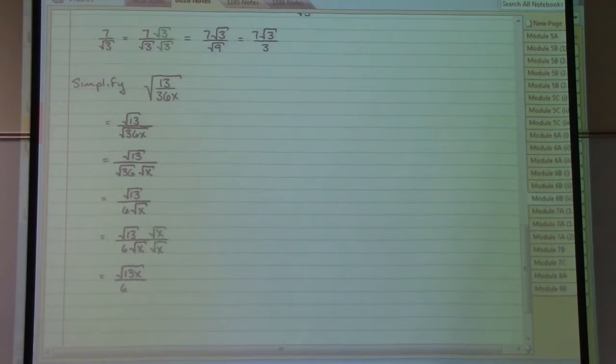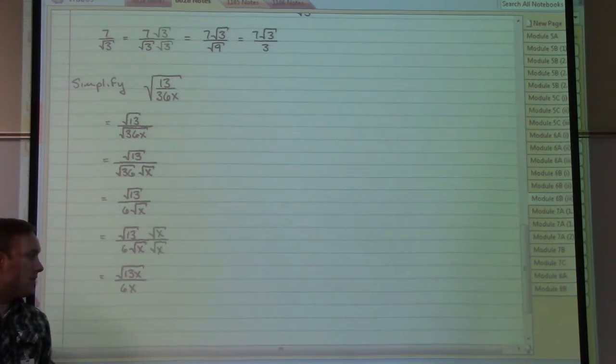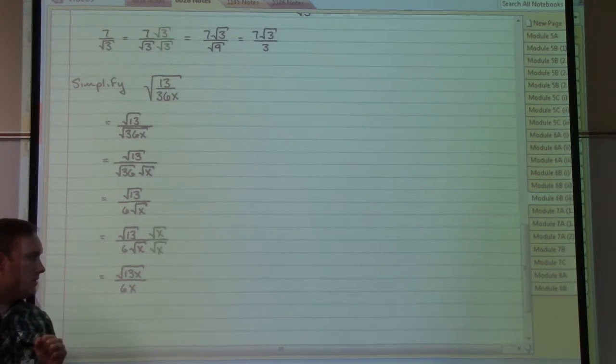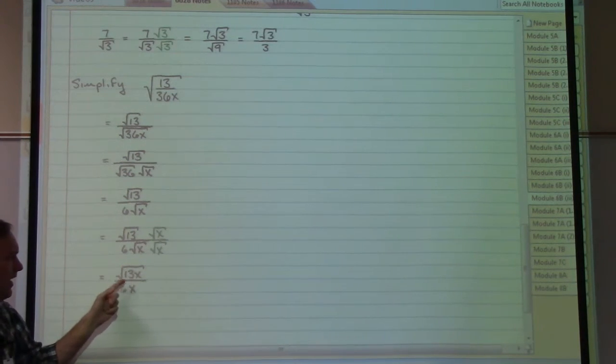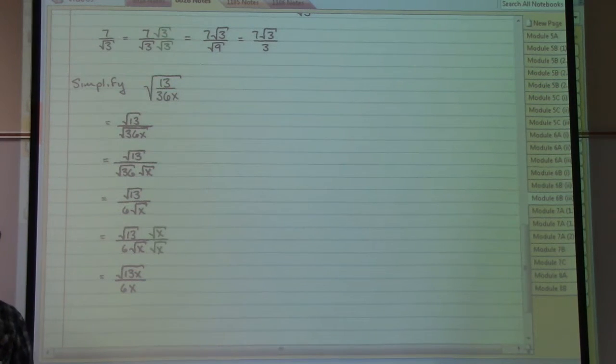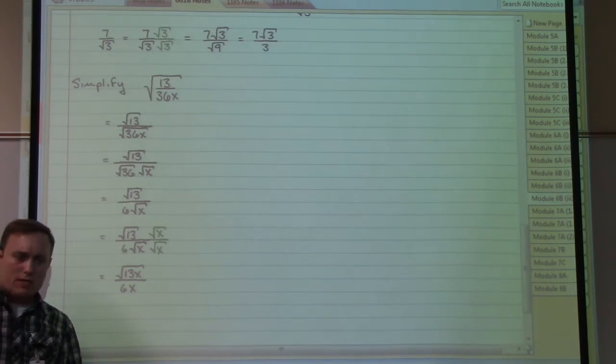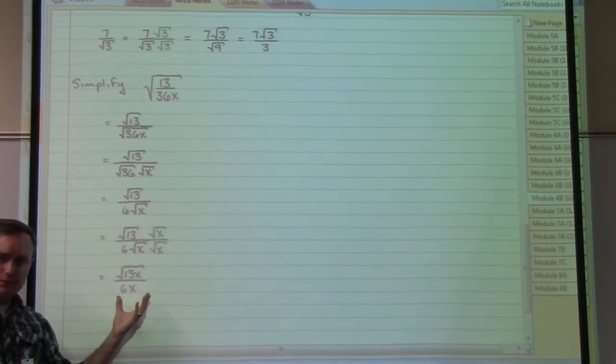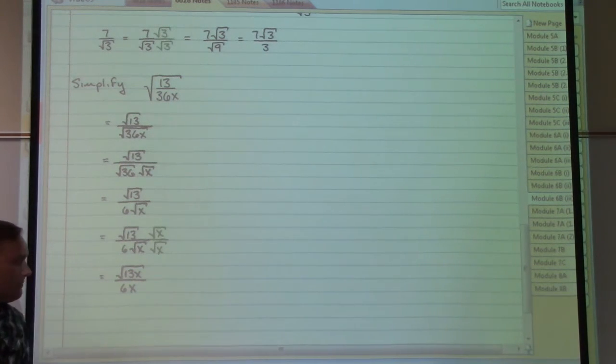The square root and the power of 2 will unlock each other so that the denominator will end with just a nice normal x, no more square root down there. I've got something that's good to go. I don't have anything nice up on top that might work with the 6, so there's no normal type of reducing that I can work out there, which means that this is as far as I would take that answer.